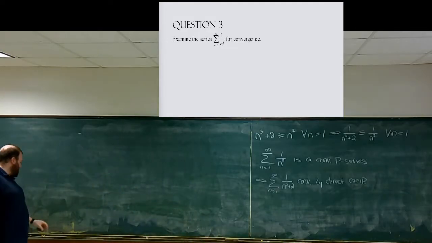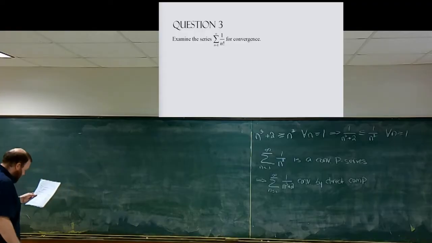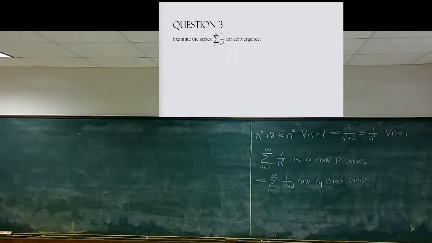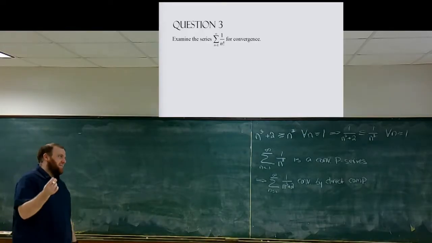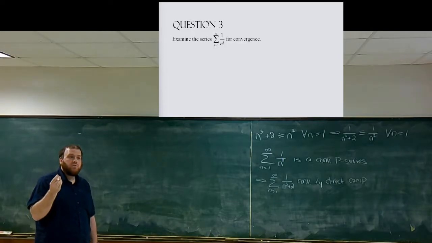Okay, so now we look at this series. 1 over n factorial. This is a case where limit comparison isn't going to be useful. There's no series I can think of that has a finite positive limit, and I know what that comparison series does.